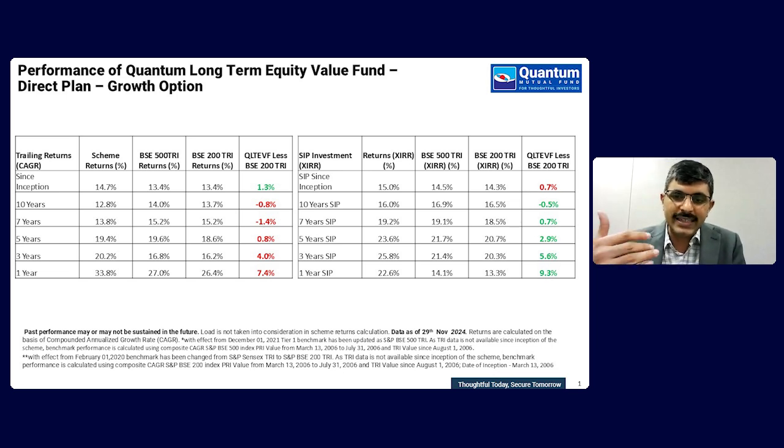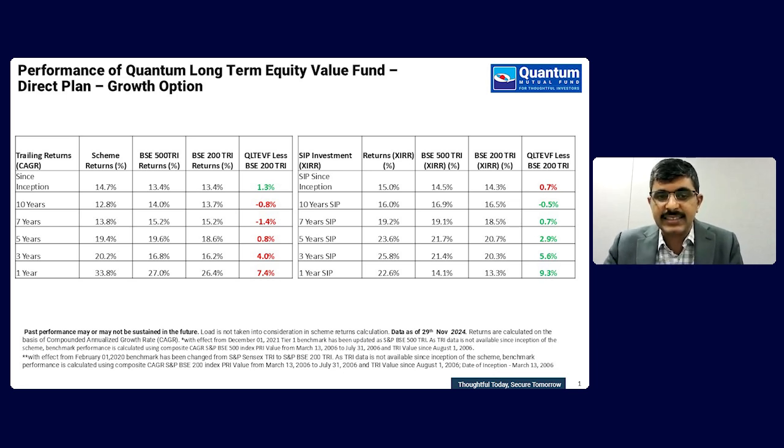So what you can see is that the SIP performance in the bottom graph has considerably outperformed the index versus the trailing returns over long periods of time. And the reason this is possible is that at any point in time when you invest, the stocks in the portfolio have an absolute upside.